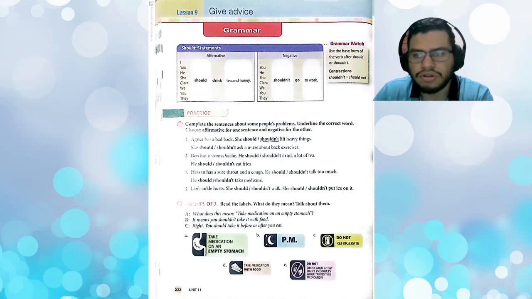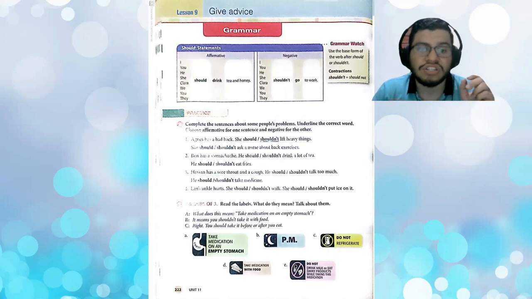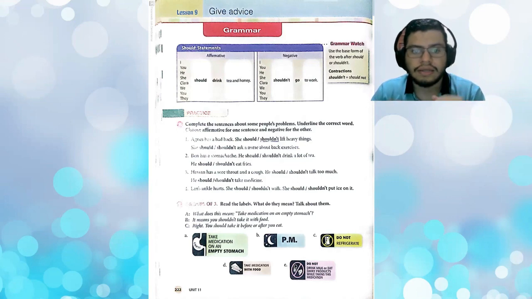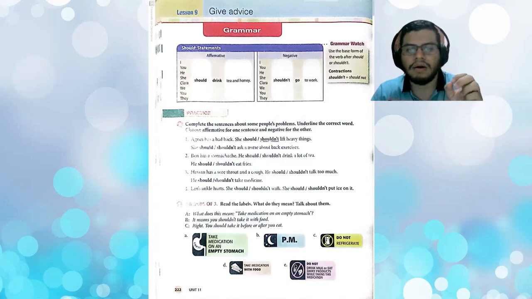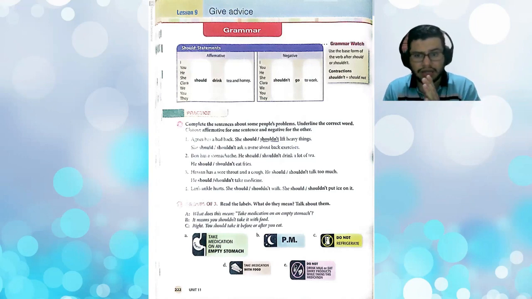She should or shouldn't ask a nurse about back exercises? She should. She should ask a nurse about back exercises. Ella debería consultarle a una enfermera acerca de ejercicios de espalda. Si ella padece dolores de espalda, esa es la recomendación o el consejo.